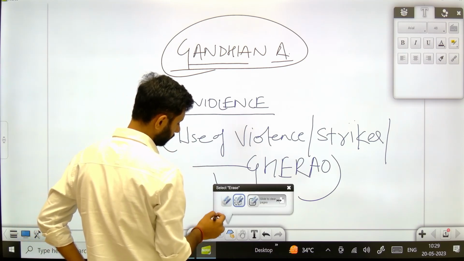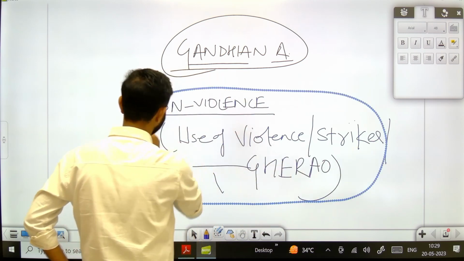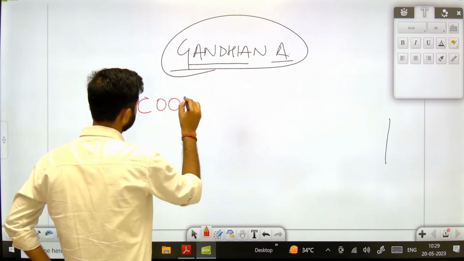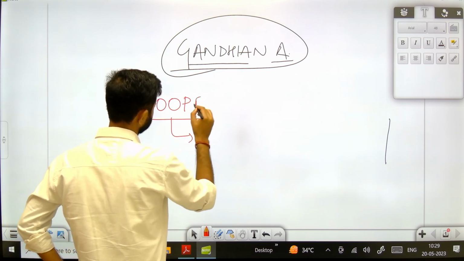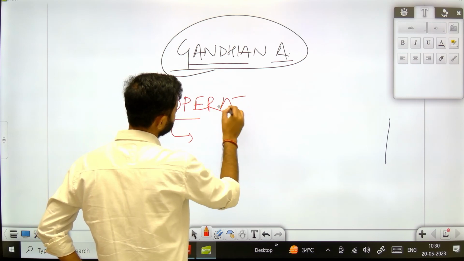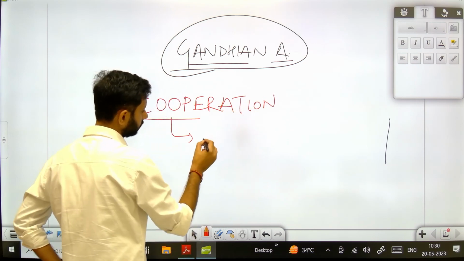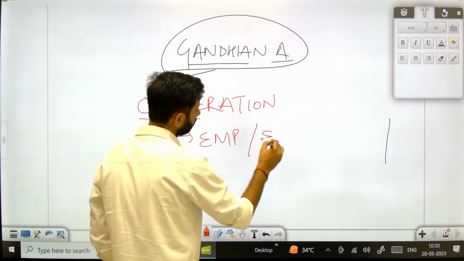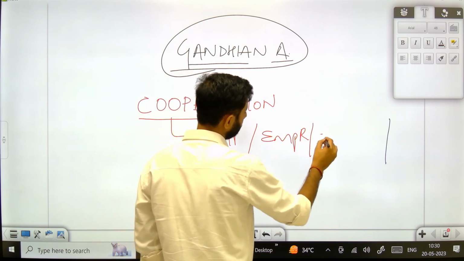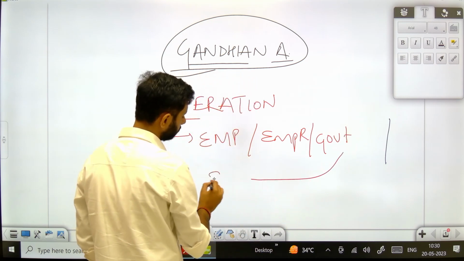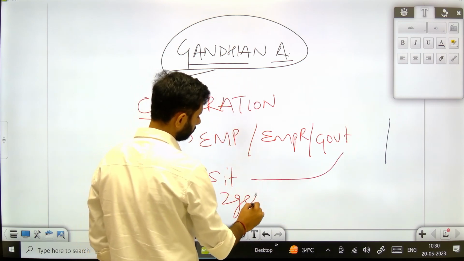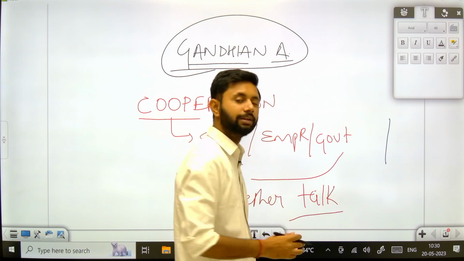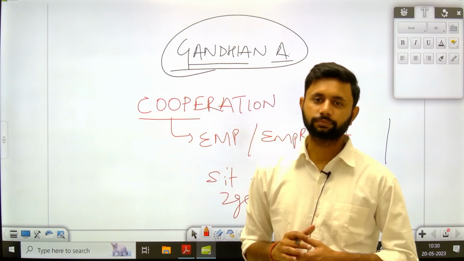Second thing, which is cooperation. The Gandhian approach says that all the parties, that means all the stakeholders, which is employee, employer, government, they must sit together, talk, tell each other's interests and resolve them peacefully.